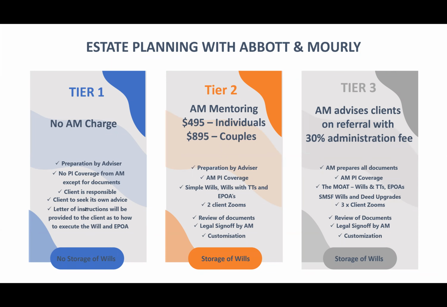Now, Tier 2 is where Abbott Mourly is mentoring you through the process. Yep, and basically the cost is a flat rate, $4.95 for individuals, and for couples it's $8.95. What that includes is preparation by the advisor, and then obviously you get PI coverage from us all round. For simple wills and TTs and EPOAs, the client actually gets 2 Zooms with us.